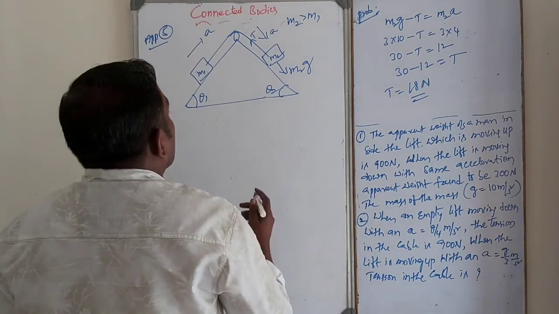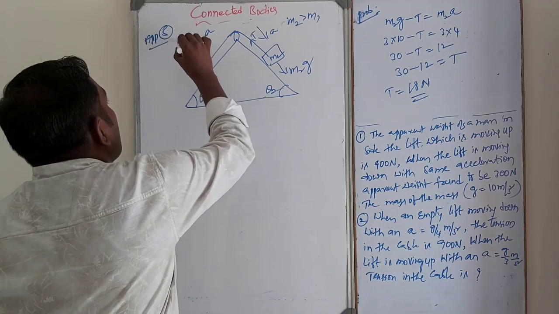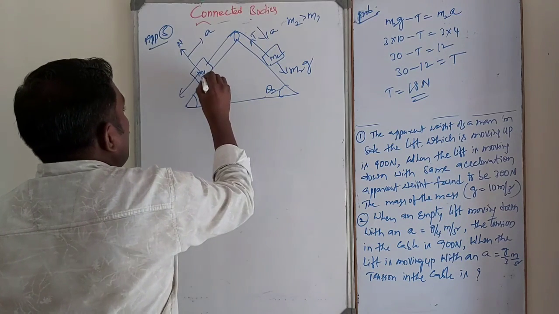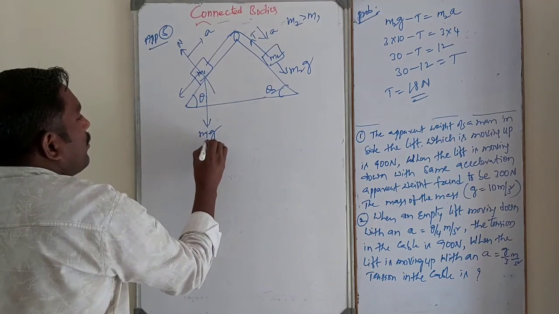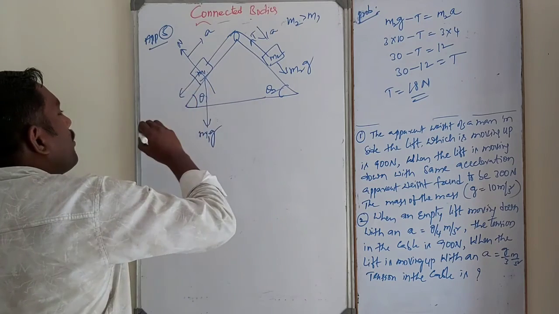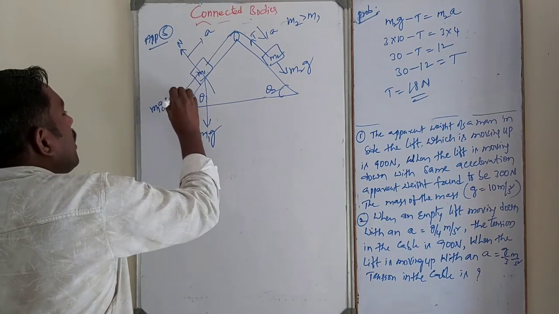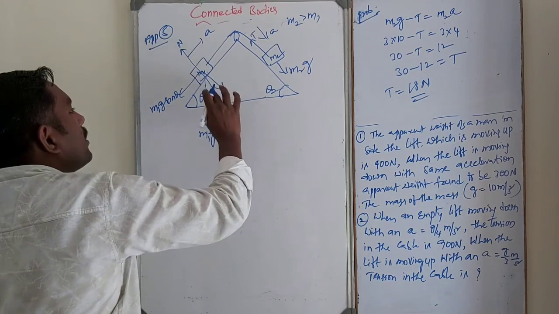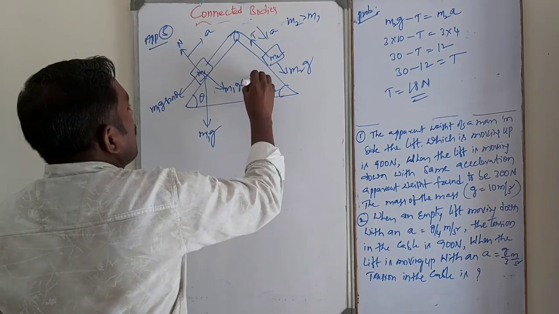m2g. Okay, since these are inclined angles, this is the normal reaction. So this is the weight. The weight can be resolved into two components. So that is m1g sin theta, and this is m1g cos theta.